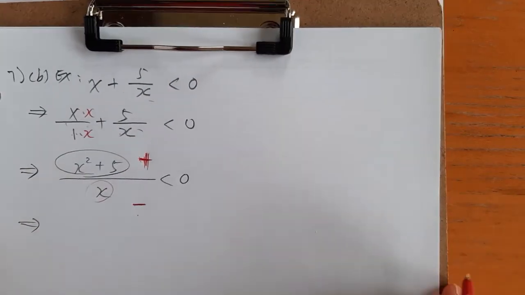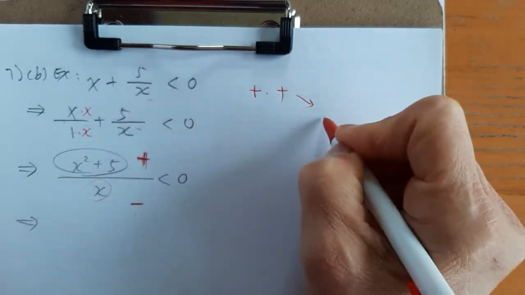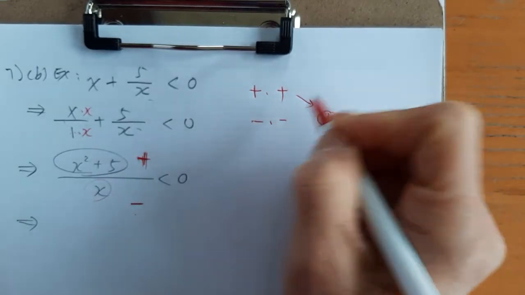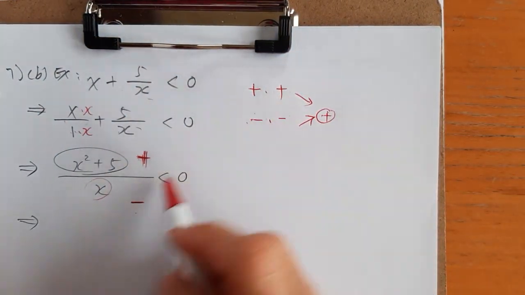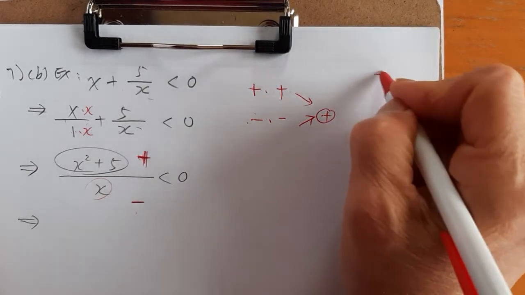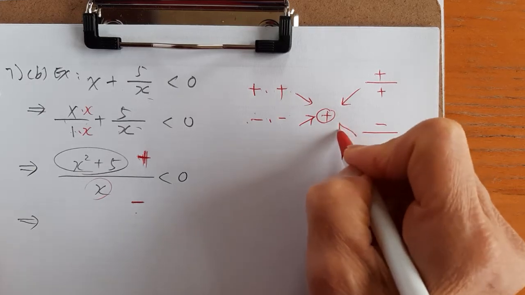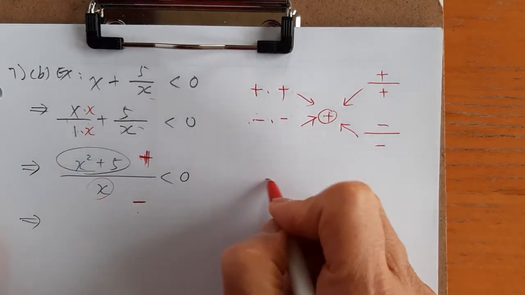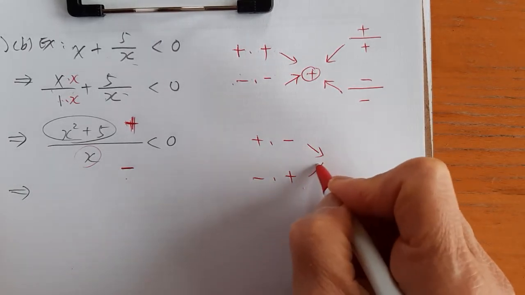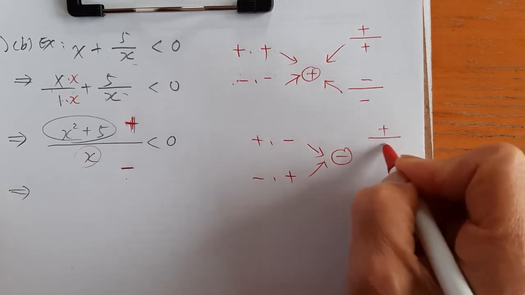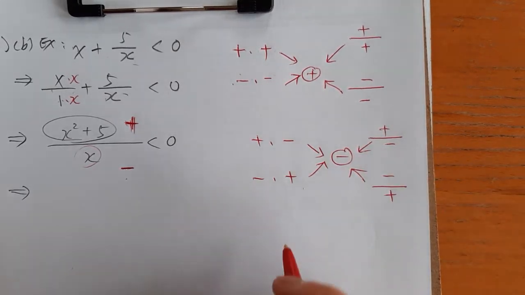So you can use the rule. If both are positive, multiplied together, it's positive. If both are negative, multiplied together, also positive. If the two numbers have the same sign, multiplied or divided, the result is positive. If one is positive and one is negative, multiplied together it's negative, or divided it's negative.